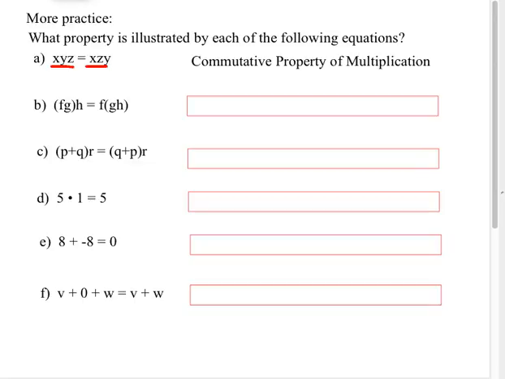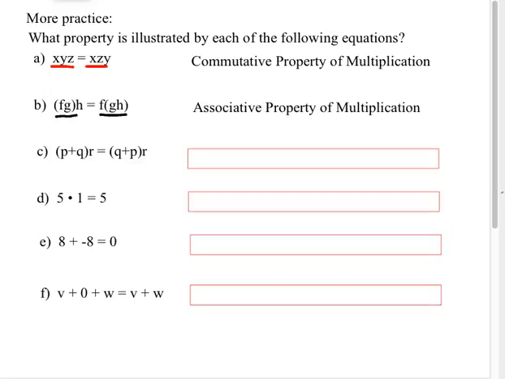That is not my expectation during class, okay? I'll just be happy if you put commutative. Here, I see the grouping is changing. When the grouping itself is changing, that is the associative property.